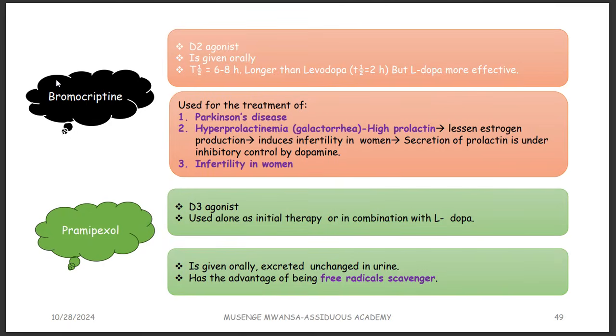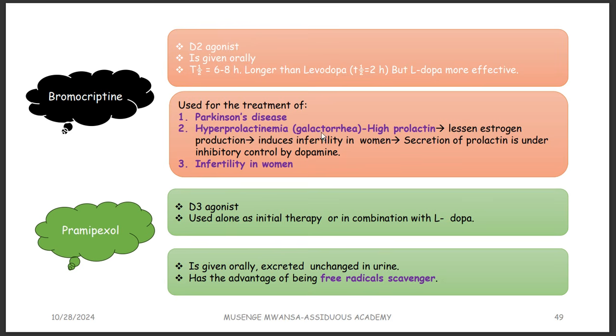But take note of this one, that bromocriptine is used for the treatment of Parkinson's and also hyperprolactinemia or galactorrhea, which is high prolactin. When you have got high prolactin, there's going to be less estrogen produced, and so any drug that increases prolactin leads to infertility.